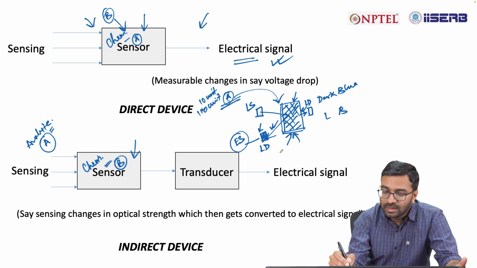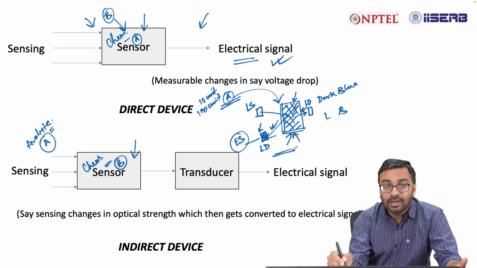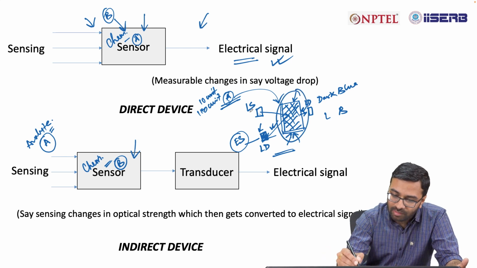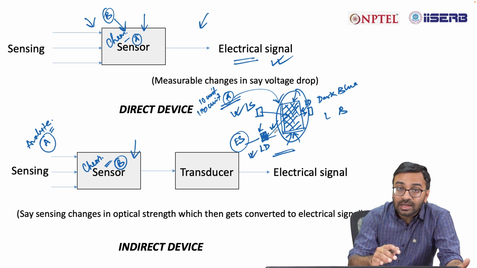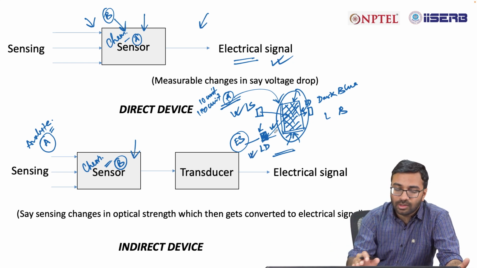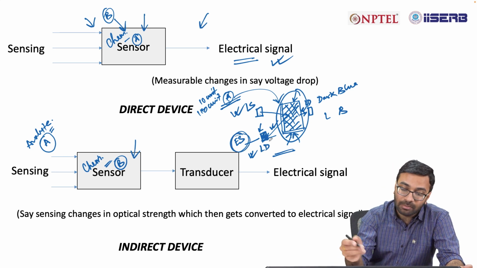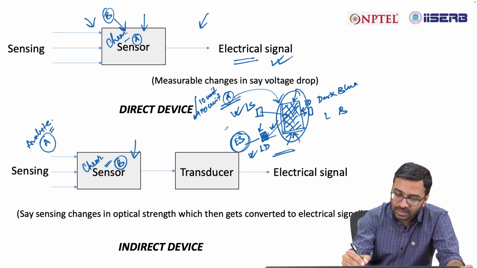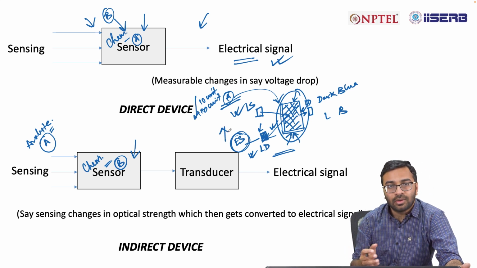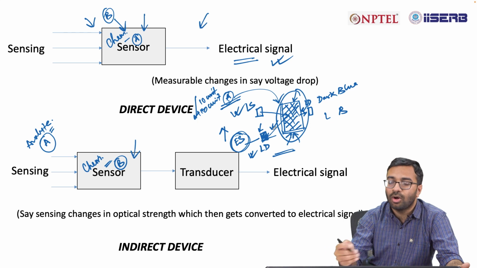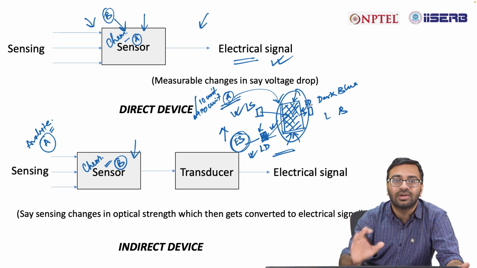So in this case, this example shows an indirect sensing concept. You have sensing in here, then you have developed a system for the electrical transduction, and then you receive the electronic signal from that transducer. In this case it's a light detector, and based on the change in concentration, you will see that the electronic signal is also changing, either increasing or decreasing based on whether the reflected light intensity is increasing or decreasing, or transmitted light intensity is increasing or decreasing.